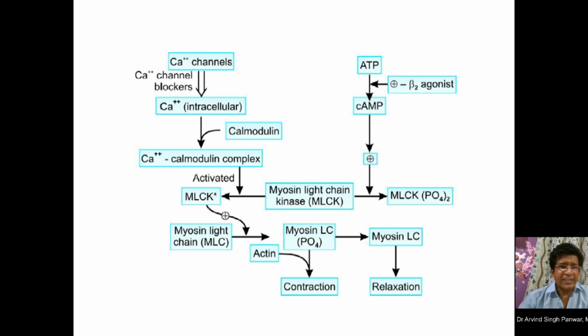This activated myosin light chain kinase ultimately activates myosin light chain, and because of this, myosin light chain phosphate will form, which binds with the actin, and ultimately contraction of the muscles takes place.